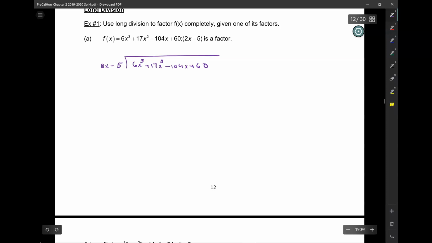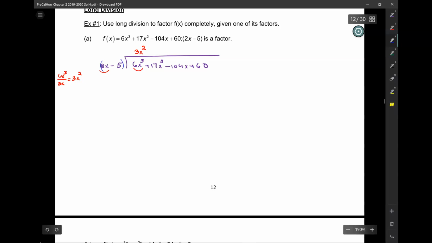Okay, the process is this. You take the first term here, divided by the first term there. And I get what? 3x squared, right? I put the 3x squared here. Now, I multiply 3x squared by this entire divisor, okay?